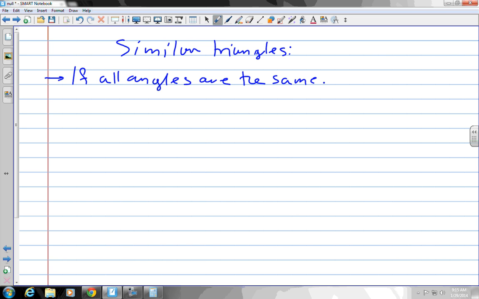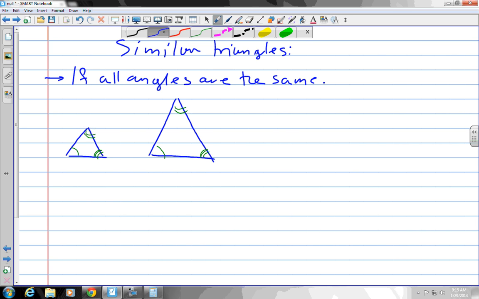So if you have two triangles, let's say here's one, and here's another one, and all the angles in one triangle are the same as the angles in the second.